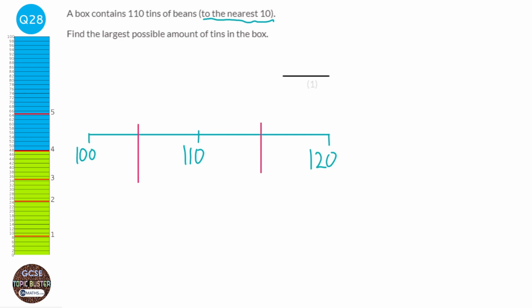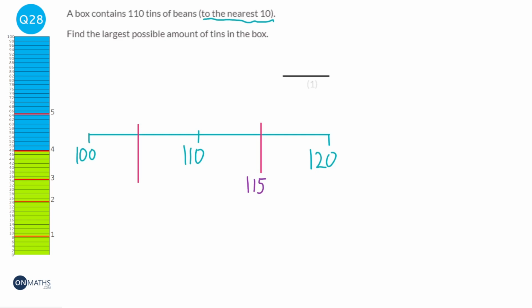If it goes above that cutoff point, it would have rounded to the next number up. So if the number was here, it would round to 120. If the number is on the cutoff point, which we can see is going to be 115, then we know it would round up.